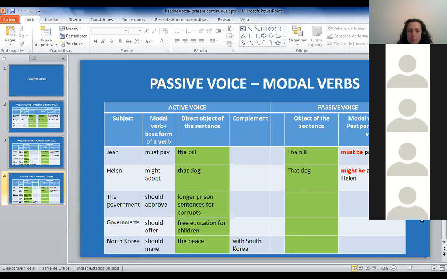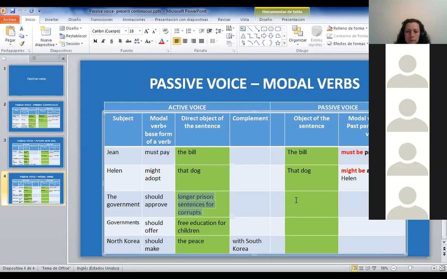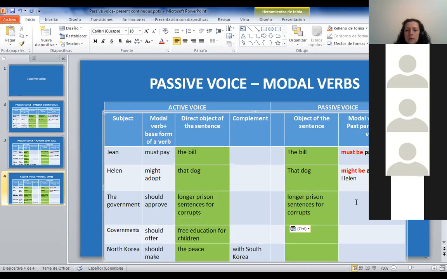What would be the passive voice? Longer prison sentences for corrupts should be approved by the government. Exactly.